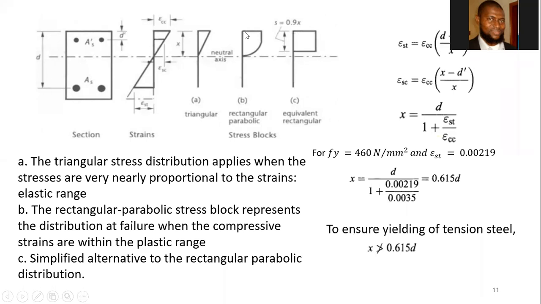So the depth of this rectangle cannot be x again. It is taken to be 90% of the neutral axis depth, that is why you have it as 0.9x.